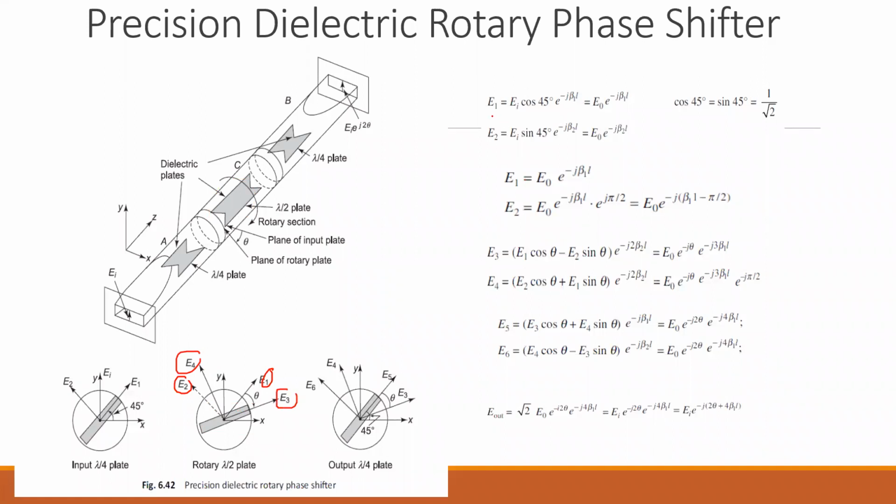If I consider that it is around 45 degrees, that is what they have represented over here. So we'll have two components: whatever input is there multiplied with sine theta, and whatever input is there multiplied with cos theta. These are the two components we can observe.